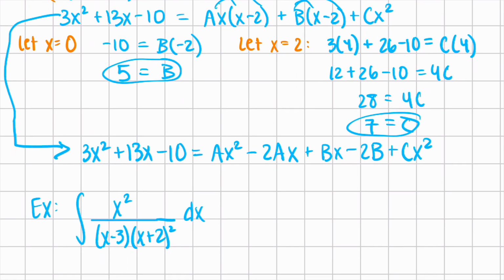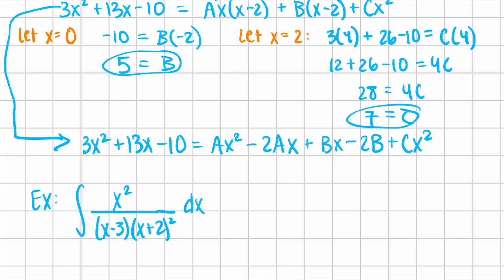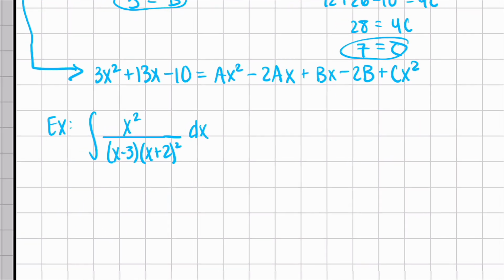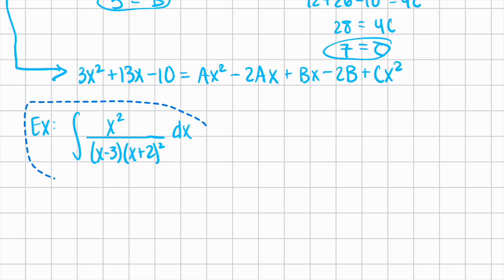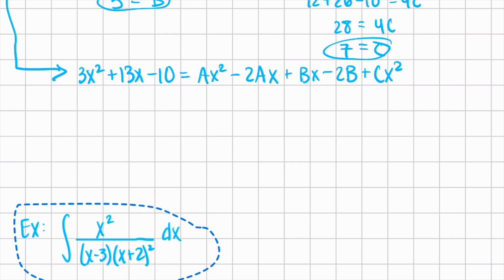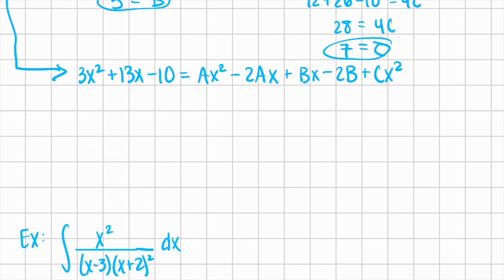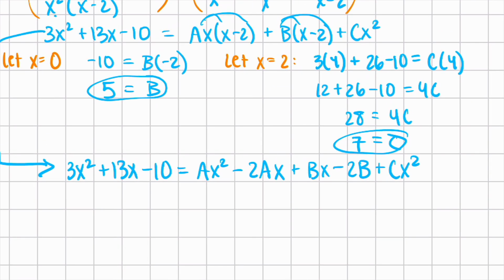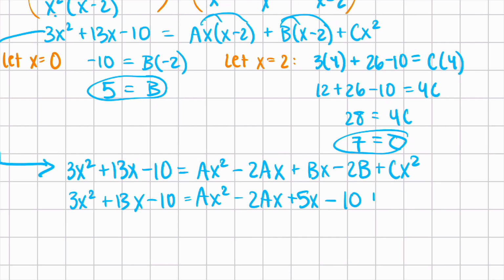And let's plug in for b and for c since we know those. Ax squared minus 2ax plus 5x minus 2 times b, that's 2 times 5, minus 10 plus 7x squared.